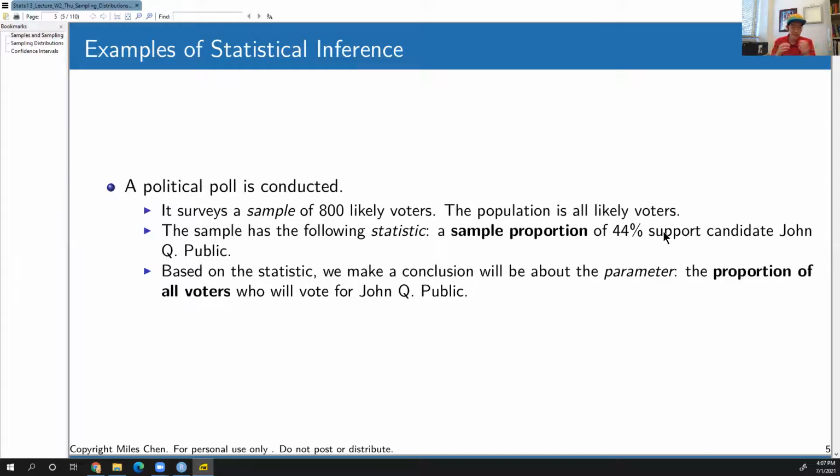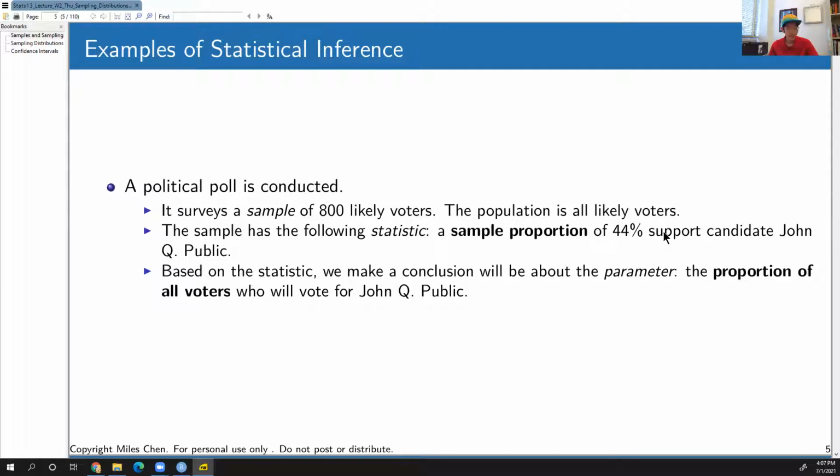So here's an example. Let's say some political poll is conducted, and there's a sample of 800 likely voters. Whatever election is coming up, the population is going to be all likely voters, but we can't survey all the voters.